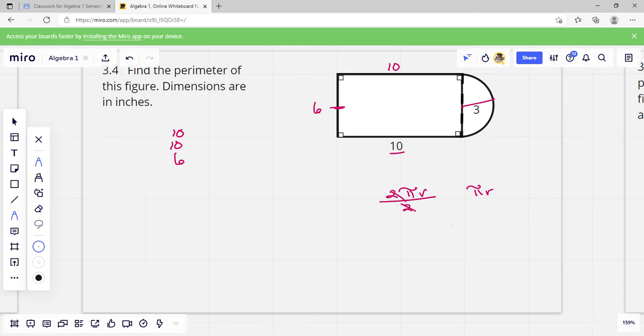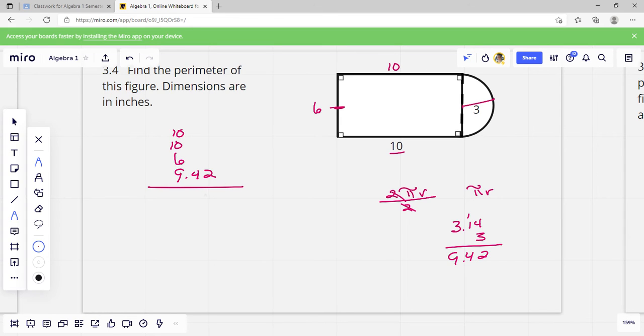And pi is 3.14, and our r is 3. So we're just going to multiply that out. 3.14 times 3. 3 times 4 is 12. 3 times 1 is 3, 4. 3 times 3 is 9, 9.42.